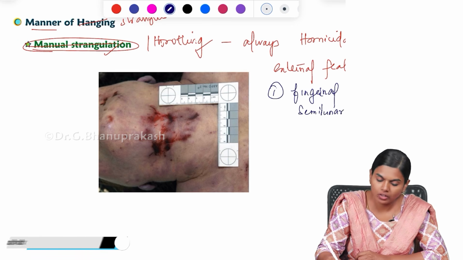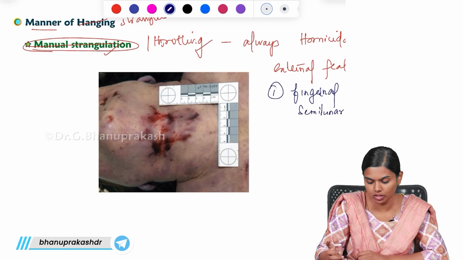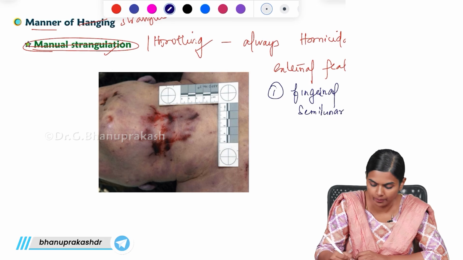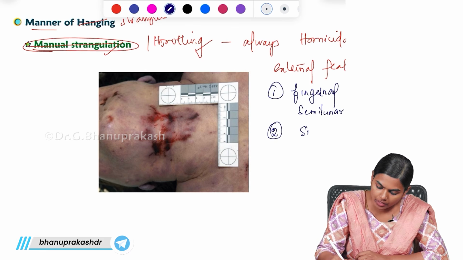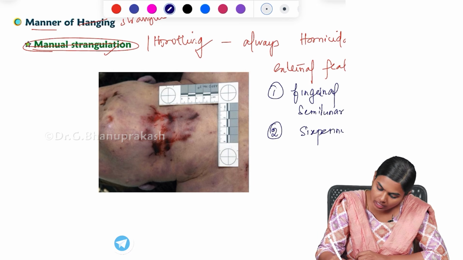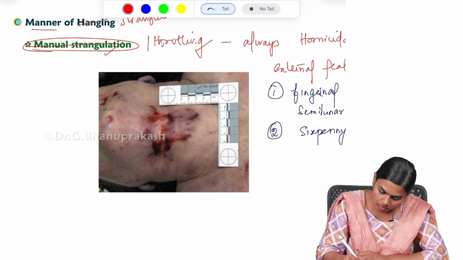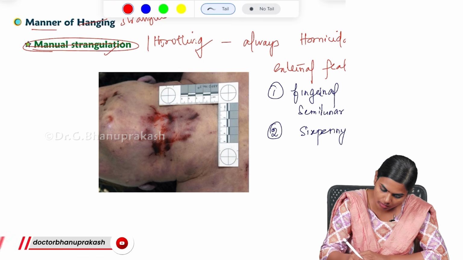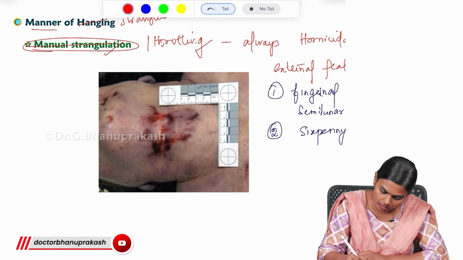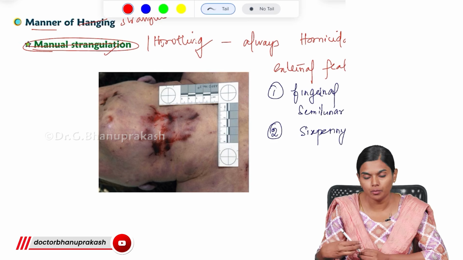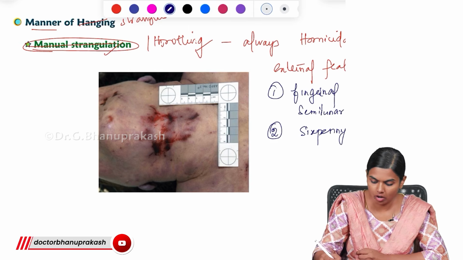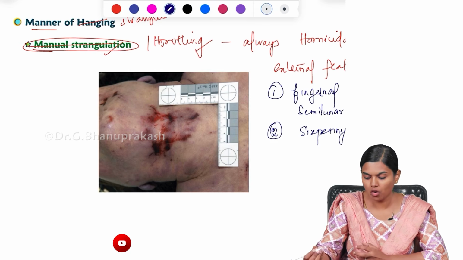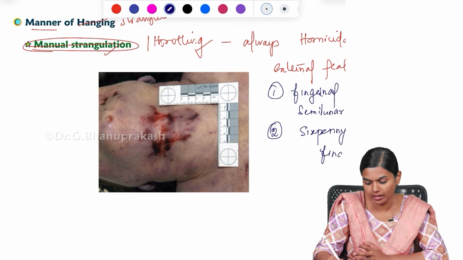You get semilunar shaped abrasions caused by fingernails, and you also get something known as sixpenny bruises. All these are your sixpenny bruises. These are nothing but bruises caused by the finger pad.